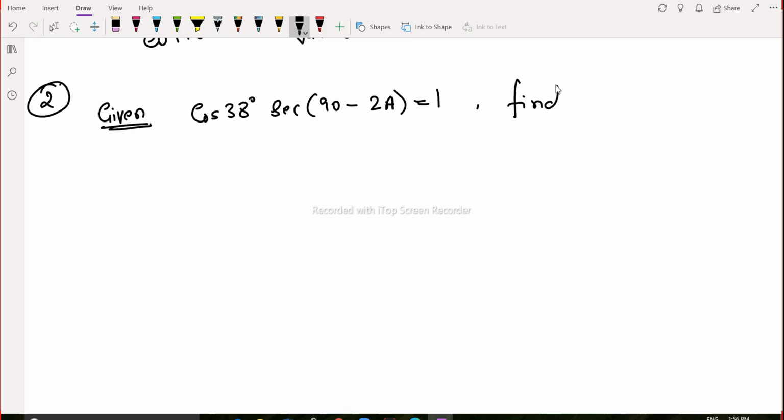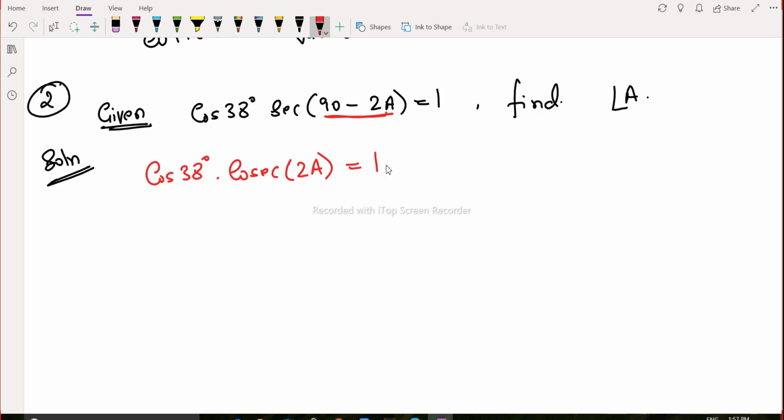Find angle A. If you need to solve this, we'll again check that this is something given in complementary terms. So I'll write this as cos 38 and sec 90 minus theta will give me cosec theta. So here theta is 2a. This is equal to 1.